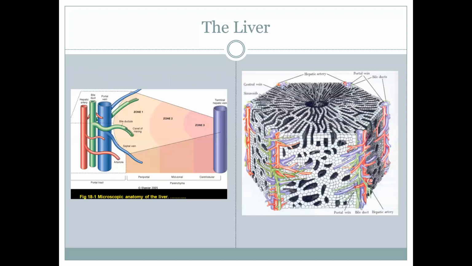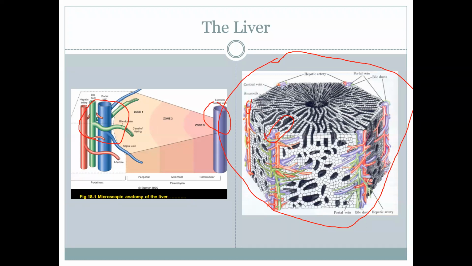So as you can see here, actually from the right diagram right here, the functional unit of the liver is what is known as the hepatic lobule, which is a 3D hexagon that has as its tips the portal triads. You can see this one here and this one here and so on and so forth. Now, in addition to this, in the picture on the right, you will see that between the central region and the portal region is a segment of the liver that is divided into three zones.